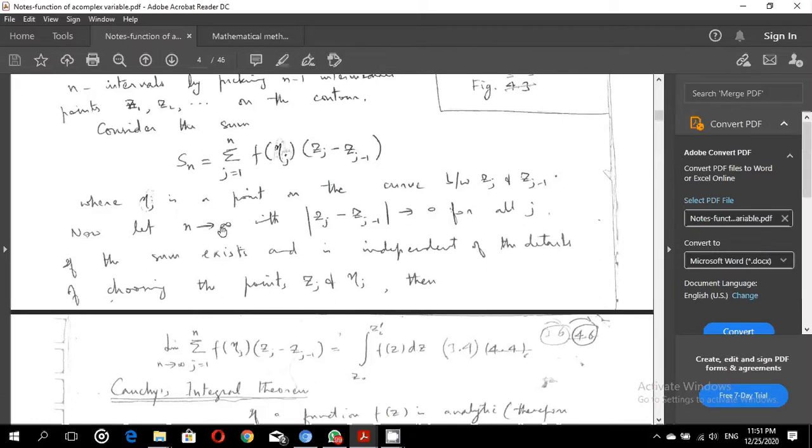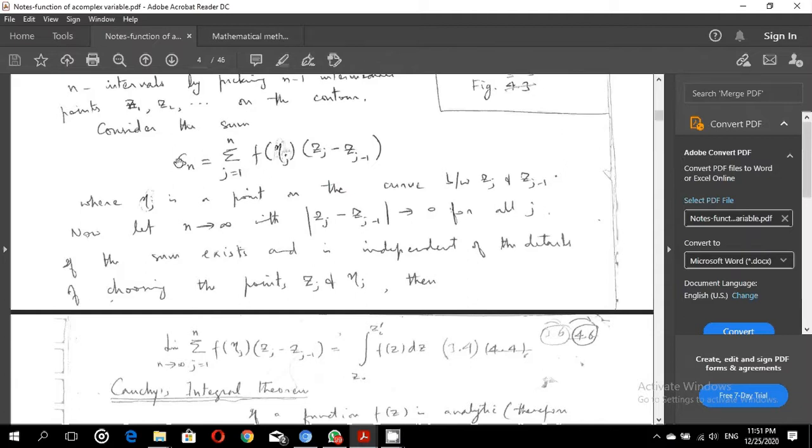Now let us take n going to infinity, that is, the intervals are very small, such that the absolute value of zj minus zj minus 1, which is the length of the interval, tends to 0 for all j.